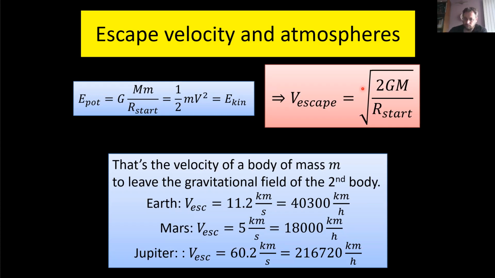So it's still bound. This is a relatively simple expression: the square root of 2 times the gravitational constant multiplied with the mass divided by the distance. Plugging in the mass and the radius of the Earth, we come down to 11.2 kilometers per second.